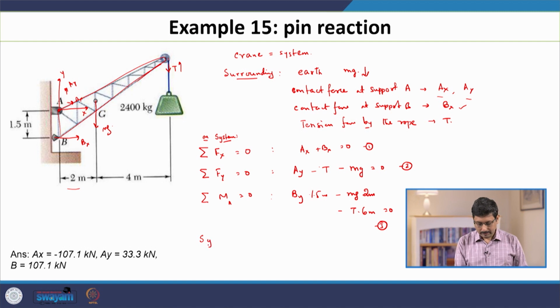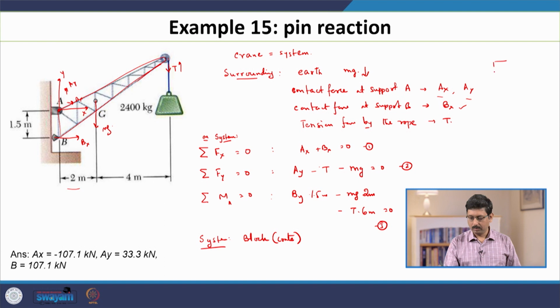Now, I am going to take the system as the block, which in the problem is called the crate. The free body diagram of this is very simple. Okay, let me draw the free body diagram of our crane.